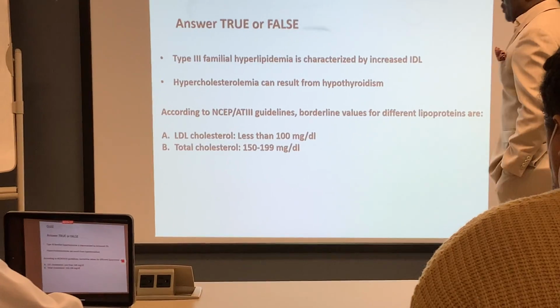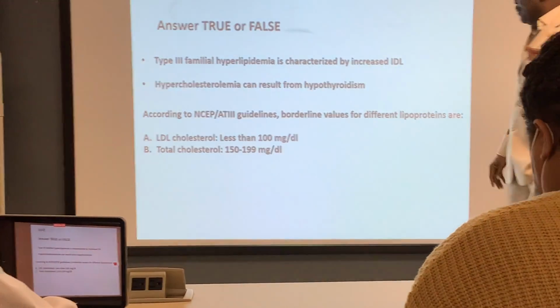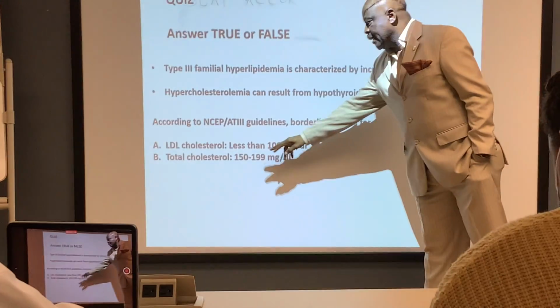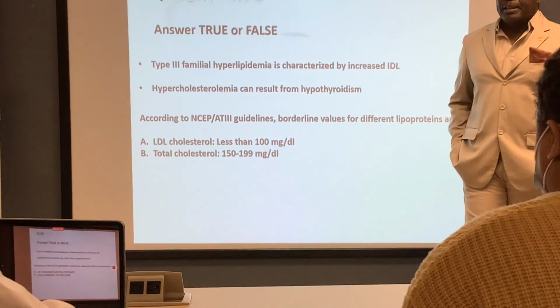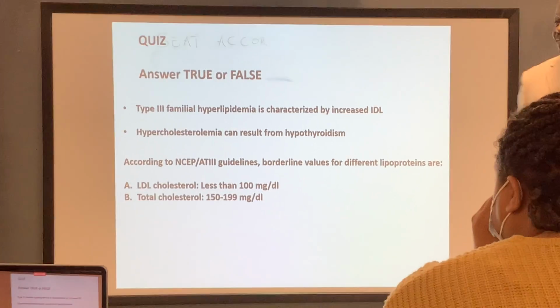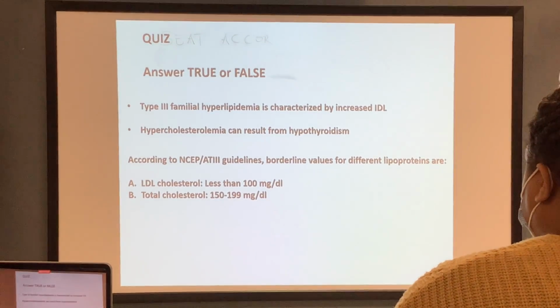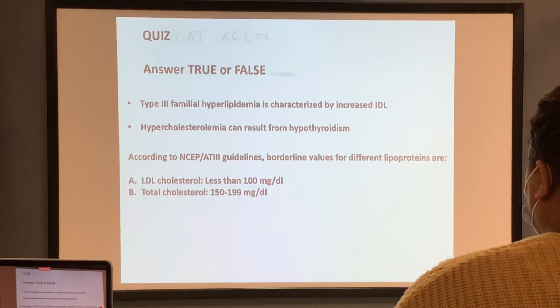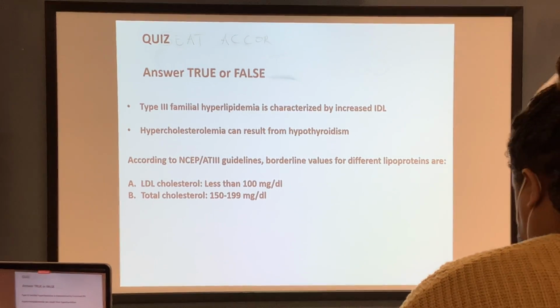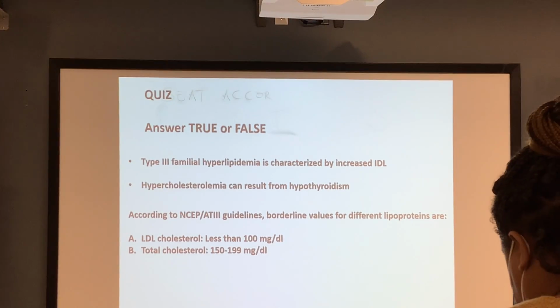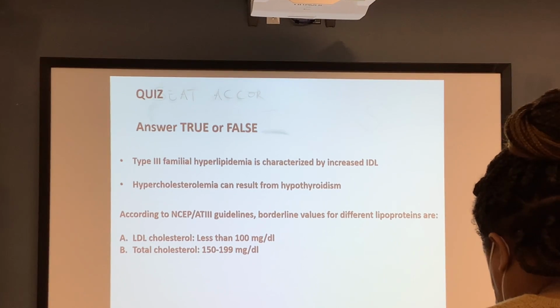And then according to NCEP ATP III guidelines, borderline values for lipoproteins are, for LDL cholesterol, it should be less than 100, correct? Borderline or normal? Okay, I want to make a distinction now. There's a difference between something being optimal and normal, and the other one being just borderline high.